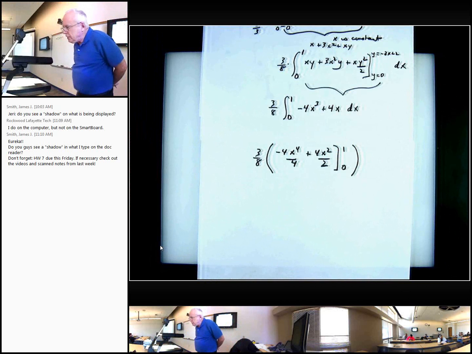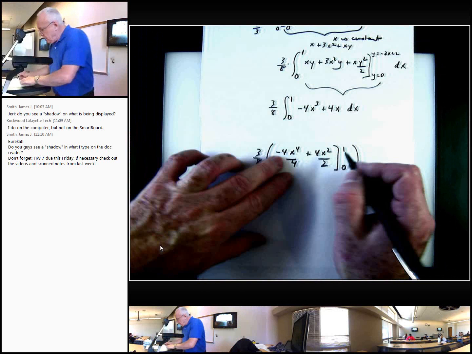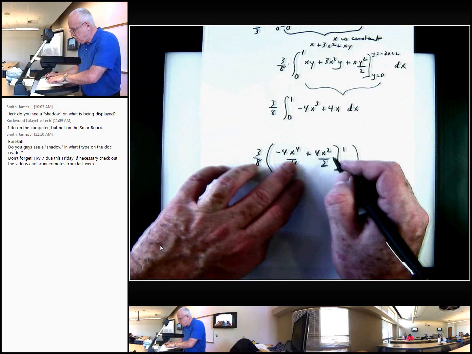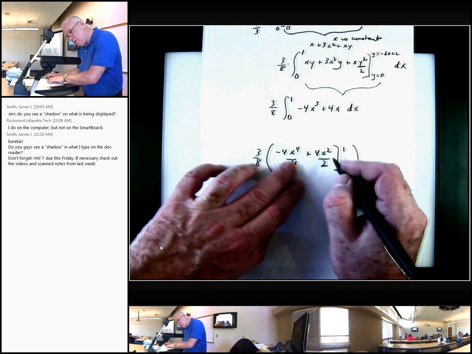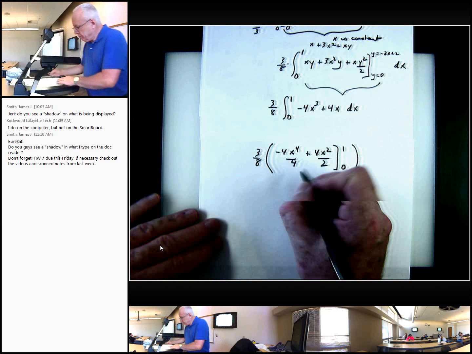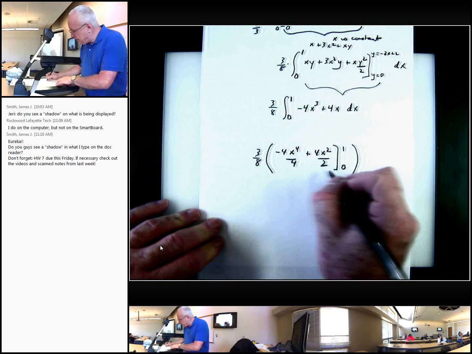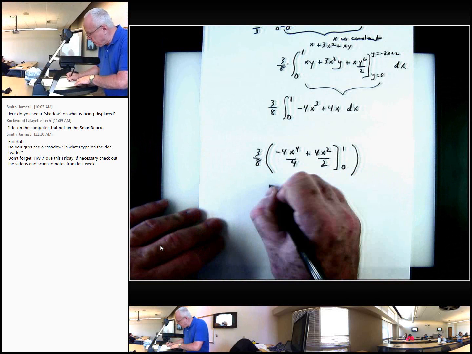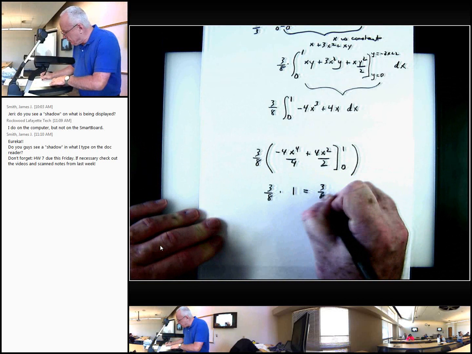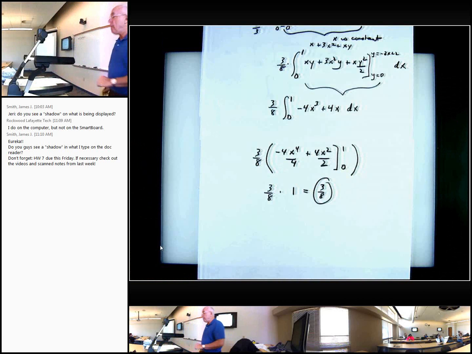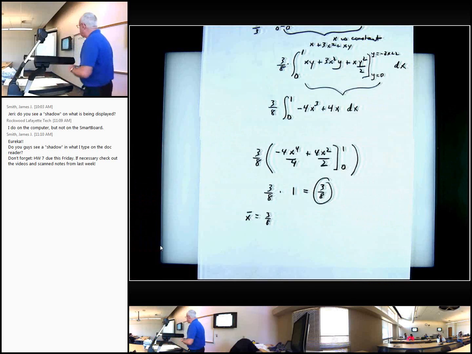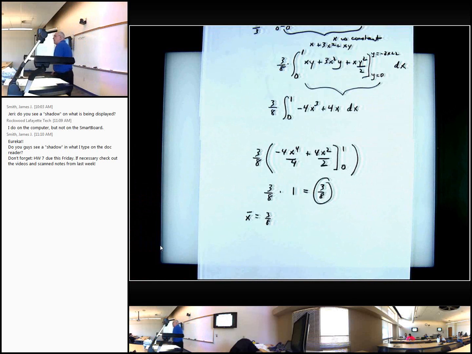What we end up getting here is 1. So we have 3/8 times 1, and so our answer here is 3/8. This is our x bar. That's the x coordinate of the center of mass.